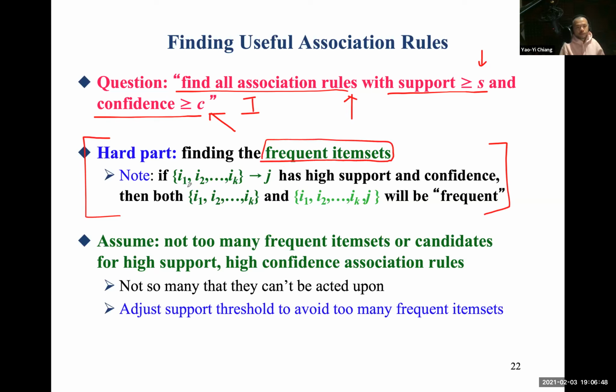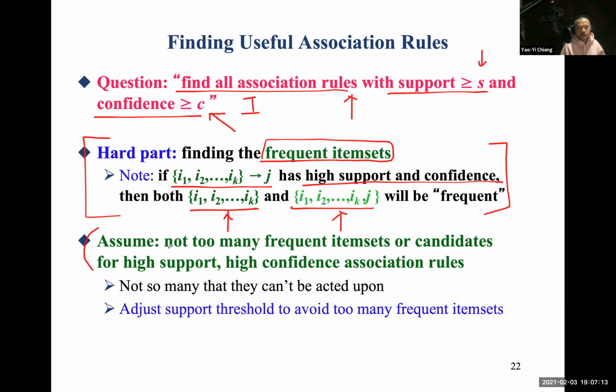So for example, if we look at this rule, let's say this has high support and high confidence, then this has to be frequent, right? Means this has to appear many times, and this union has to appear many times. We will look at one example on the next slides, so don't worry.